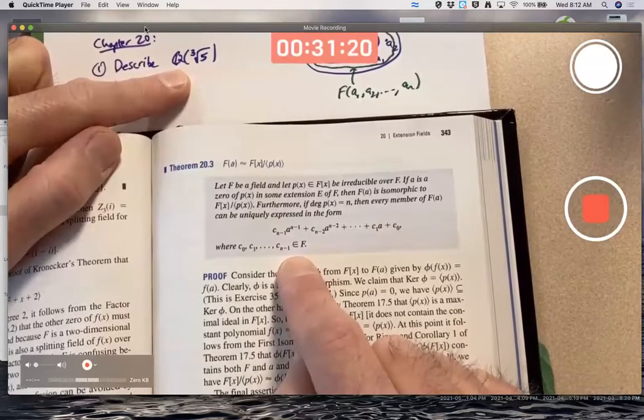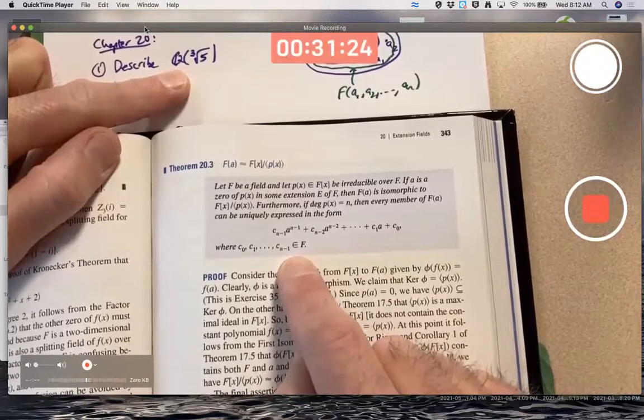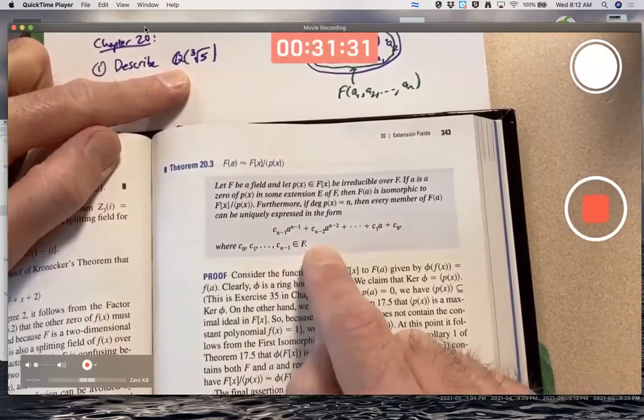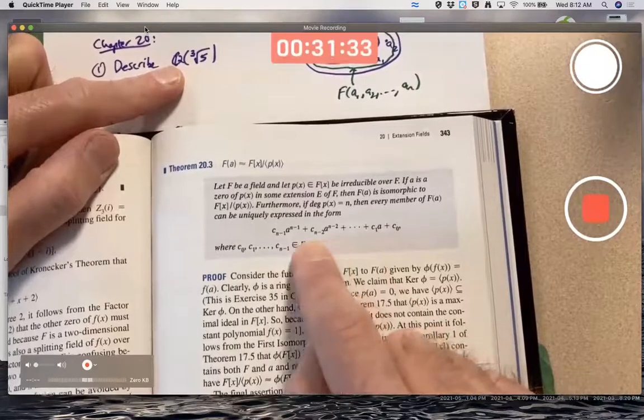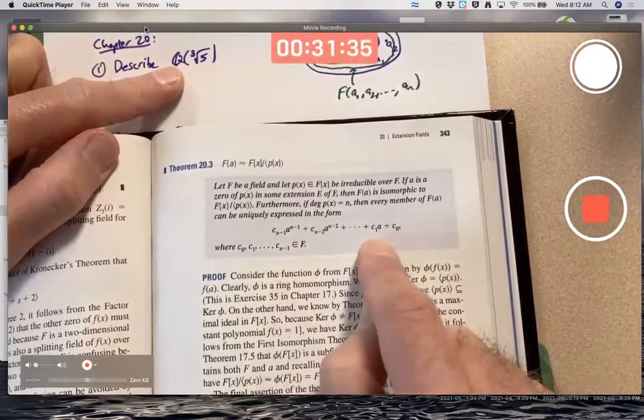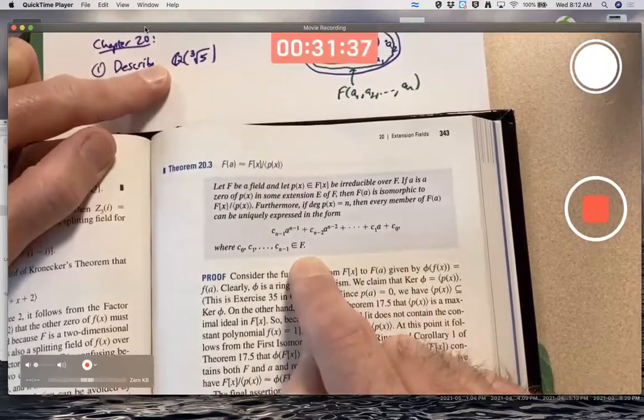I've got to find an irreducible polynomial, p of x, one of whose roots is cube root of 5. That's actually fairly easy. And according to this, I'd be able to write every element of this in this form, once I know what n is, where the c's would be rational numbers.